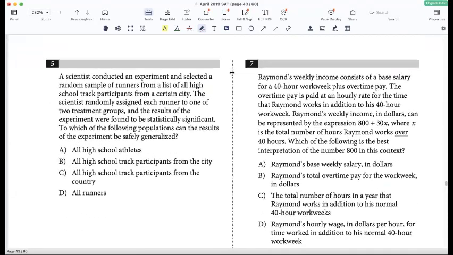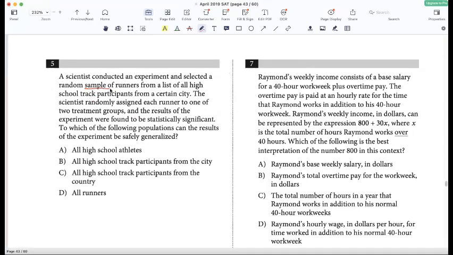A scientist conducted an experiment and selected a random sample of runners from a list of all high school track participants from a certain city. The scientist randomly assigned each runner to one of 2 treatment groups, and the results of the experiment were found to be statistically significant. To which of the following populations can the results of the experiment be safely generalized?